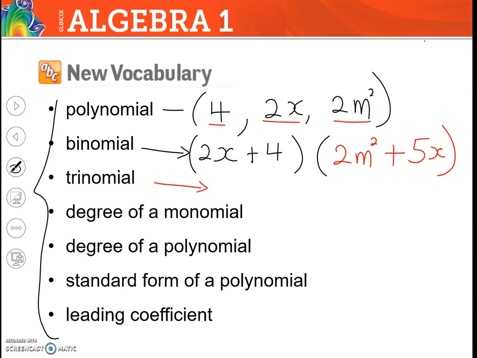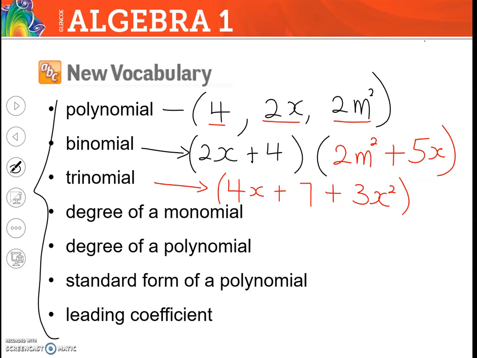You can use any of them, for example 4x plus 7 plus 3x squared. These are my examples, so you can create an example on your own. And since we have three expressions, we call it a trinomial.